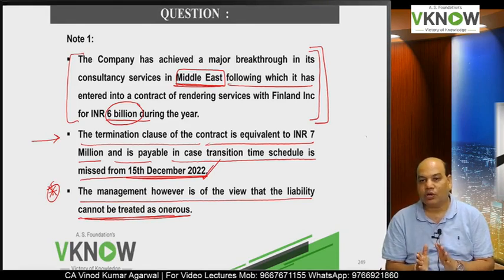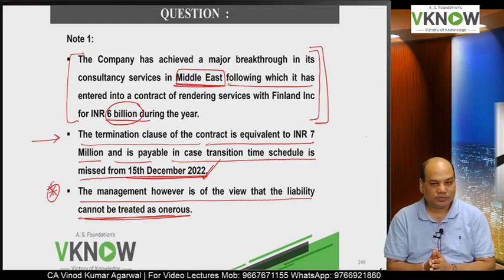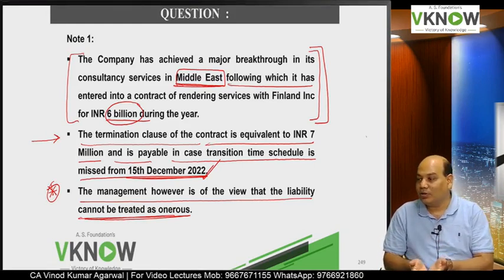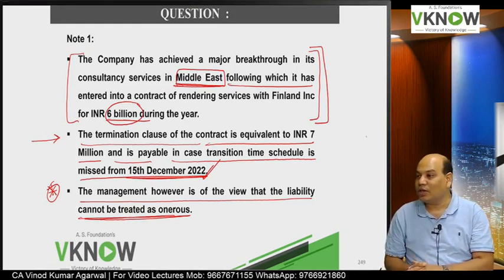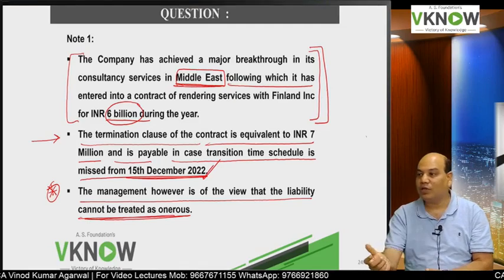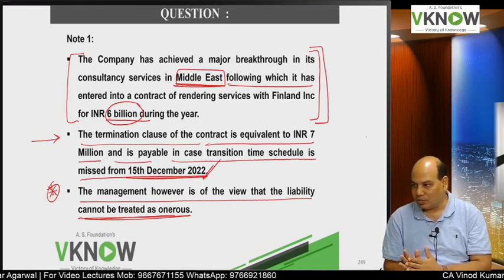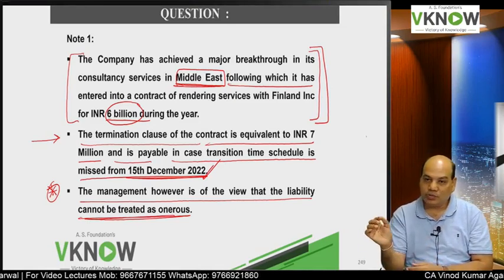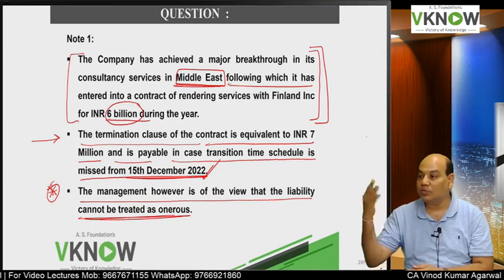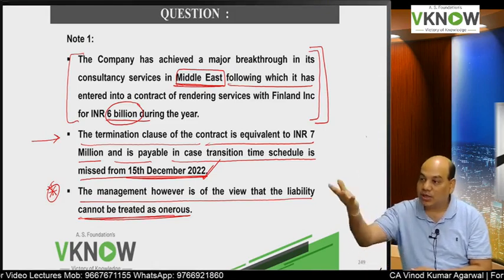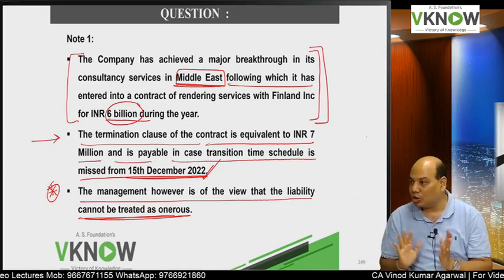So it is just a clause in the contract. That does not mean you have to disclose it as a contingent liability also, unless you feel that there can be an outflow of resources embodying economic benefit. In AS 29 you have studied, if the outflow of resources is remote, even disclosure as a contingent liability is not required.